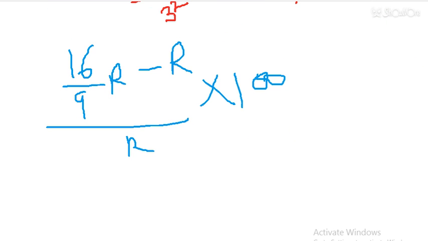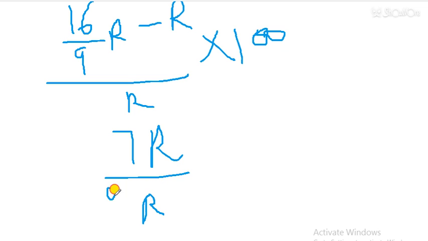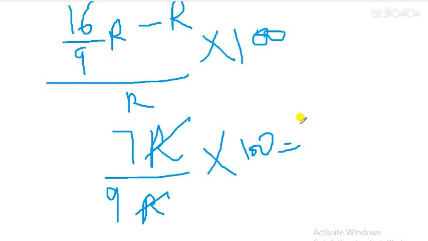So its value is 16 minus 9, so 16 minus 9 is 7. So 7R by 9R into 100. R gets cancelled out and you can get the answer as 700 by 9%. So this will be the change, 700 by 9% increase in resistance.